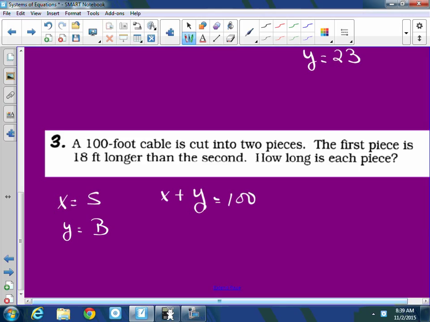Okay, so the first piece, it was actually better to do first and second over here, instead of small and big, so I'm going to go ahead and change that.